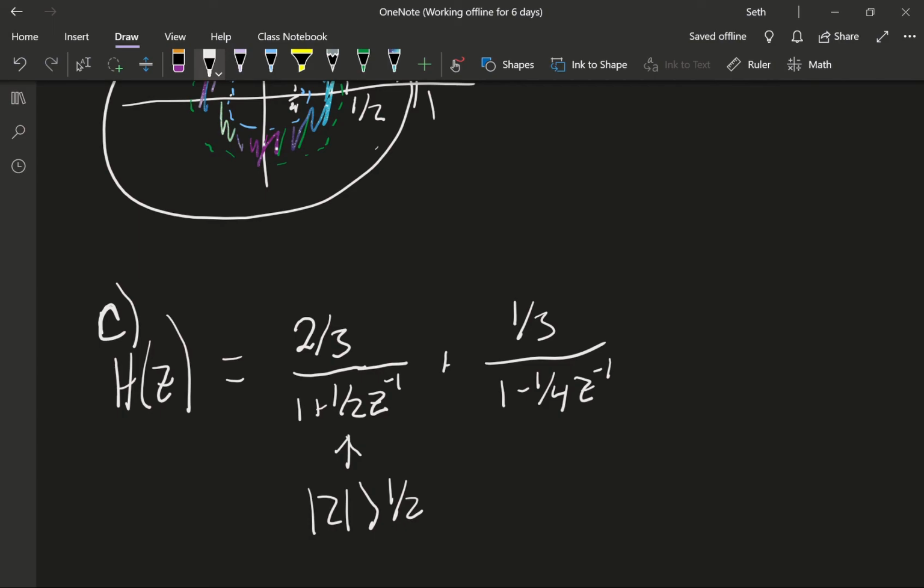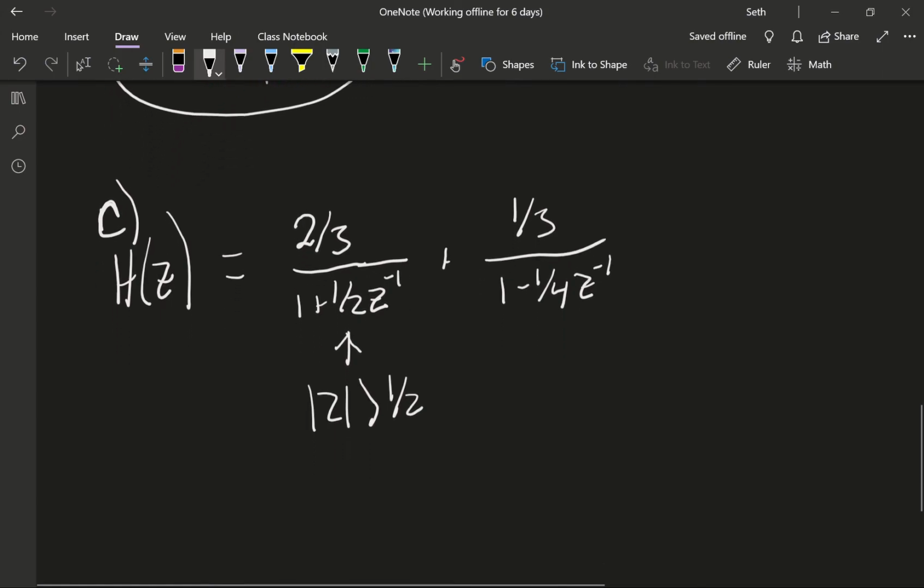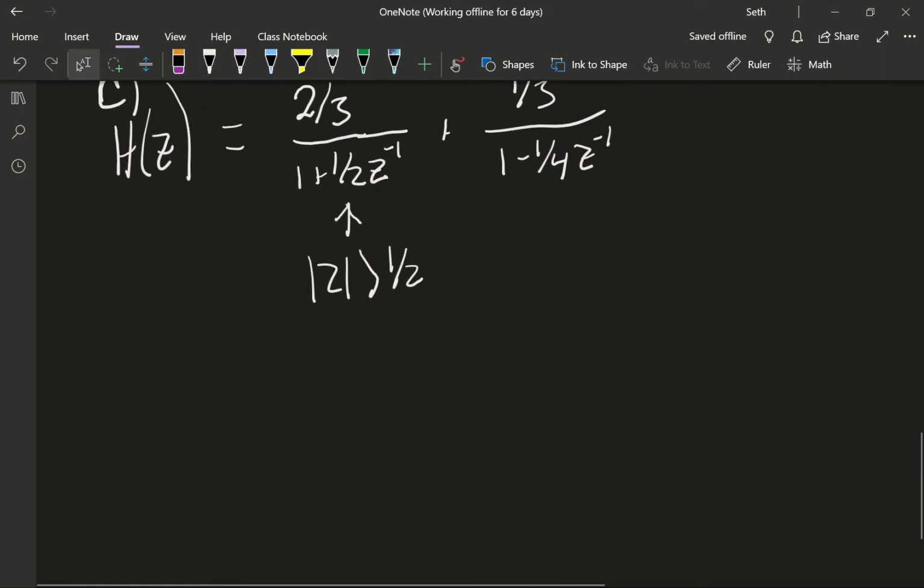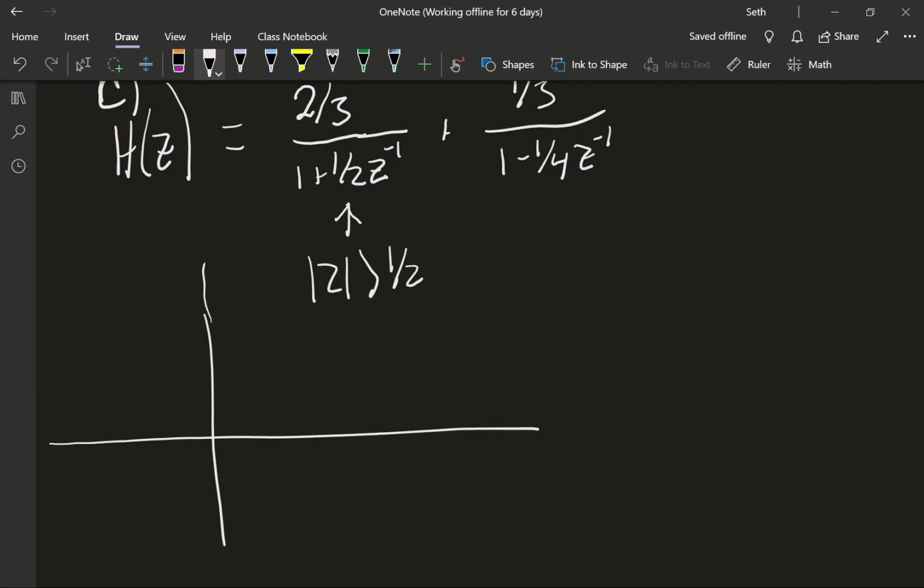So the system, they want to know if it is causal. The system is going to be causal because the region of convergence is, I said rightmost pole and then outermost pole. This is 1/2.